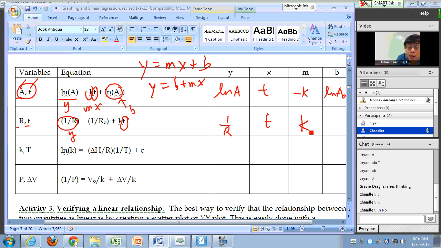It's going to be 1 over r naught. It's not ln, okay? That's 1 over r naught. That's the reciprocal of r naught, 1 divided by r naught.